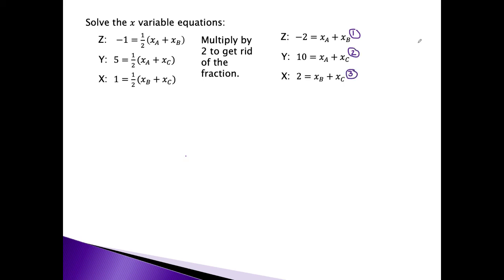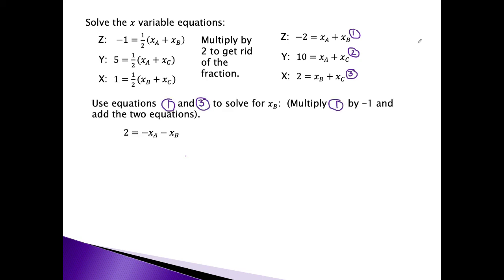I'm going to use equation 1 and equation 2 to solve for xb. I'm going to do this by multiplying equation 1 by -1, and then I'm going to add 1 and 3. So I have multiplied equation 1 by -1, so that changed it to 2 equals -xa minus xb. I have equation 3.